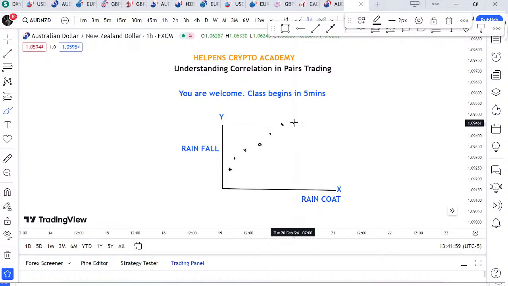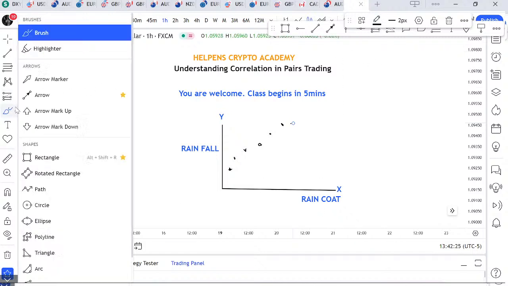Different months, rain keeps increasing. In the same way, people selling raincoats are making more money, buying more raincoats because they know people will eventually come and buy them because it will be cold.